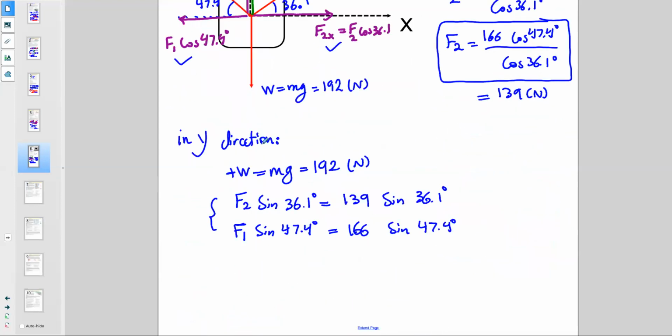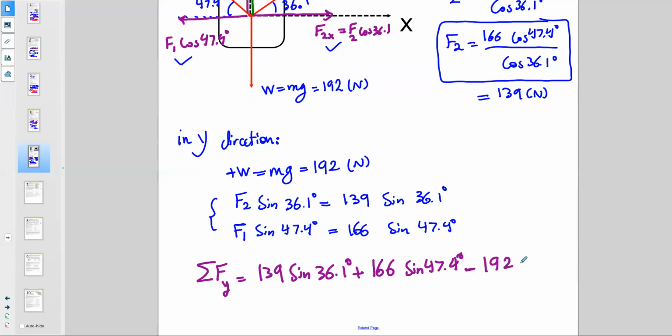So you have two forces along the positive y direction, and one force along the negative direction. You have to add them up to find the total y. So I have 139 sine of 36.1 degrees plus 166 sine of 47.4 degrees minus 192 due to gravity. This is the total force along the y direction.